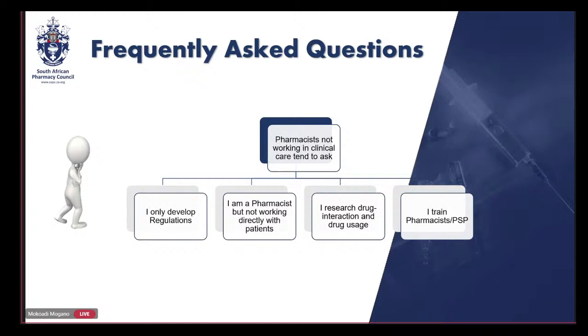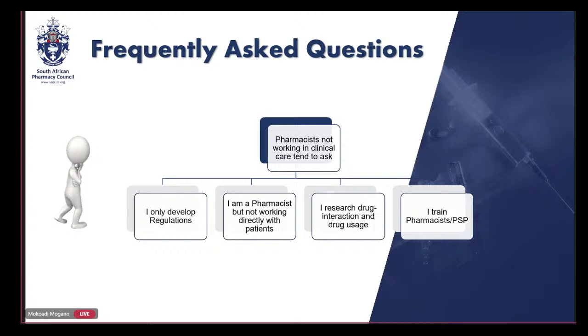Just to mention that there's a domain for every activity that a pharmacist participates in that is related to the pharmacist scope of practice. So you are sure to find your domain that is applicable or related to what you do on a daily basis. For instance, I'm also in regulation, so we develop regulations for the practice of pharmacy.